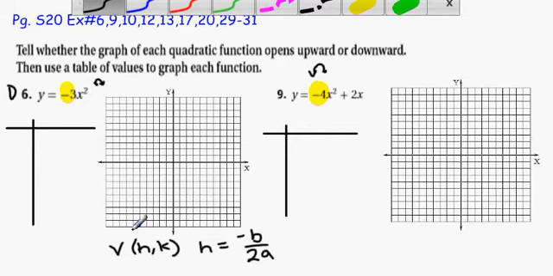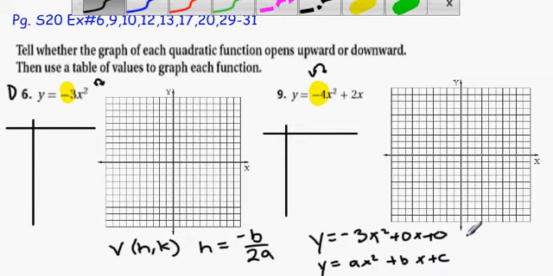Negative b over 2a. All right, so looking at this first equation, y equals negative 3x squared. We see that in the form y equals ax squared plus bx plus c, this is 0x plus 0. So our a is negative 3, our b is 0, our c is 0.